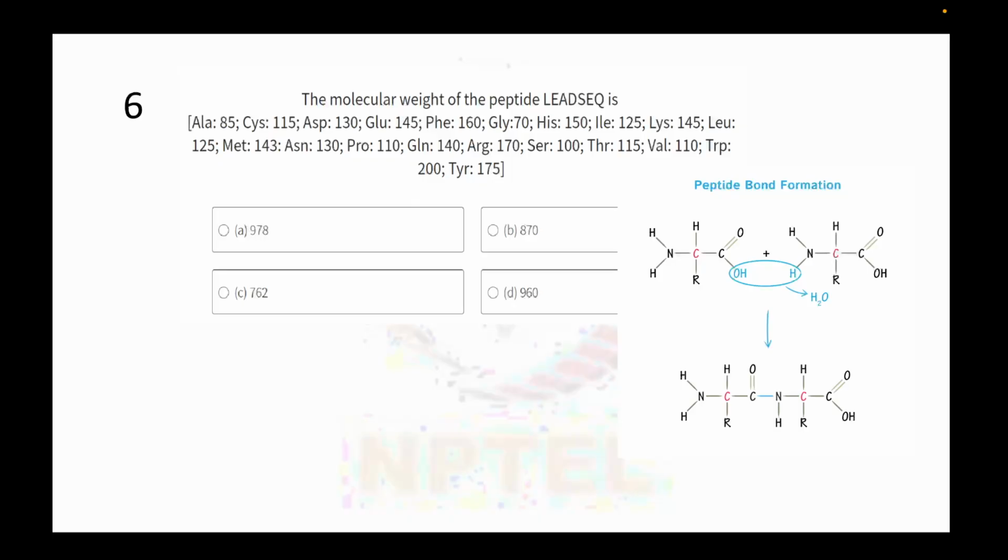So the individual sum minus the number of peptide bonds present times 18, which is the molecular weight of water. So in this, the total sum minus the number of water molecules that have been removed. The number of peptide bonds is equal to the number of water molecules removed. So number of peptide bonds times 18.